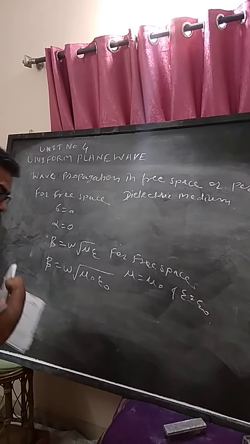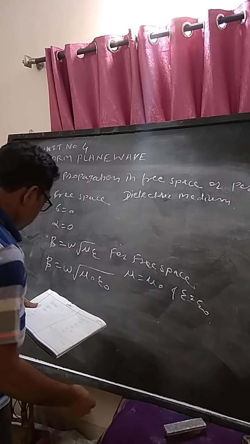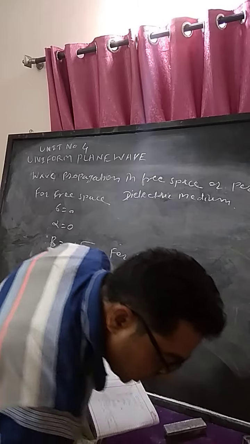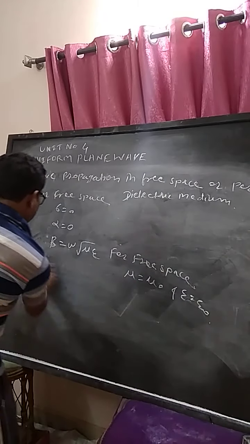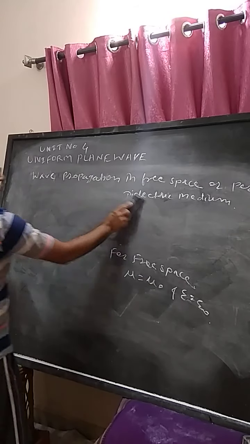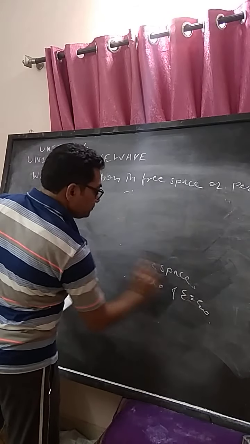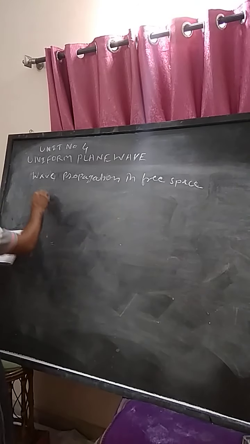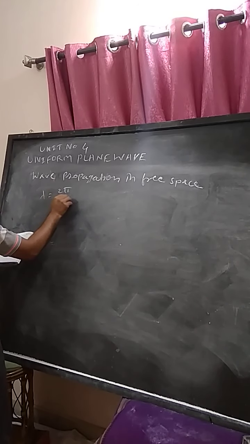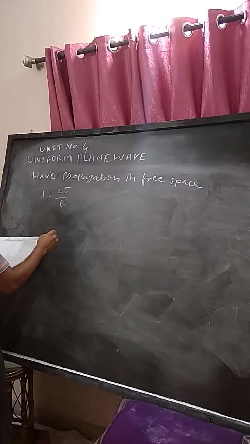Then what will be the changes in the equation of lambda? Here lambda is nothing but the wavelength. Lambda equals 2 pi divided by beta, right?